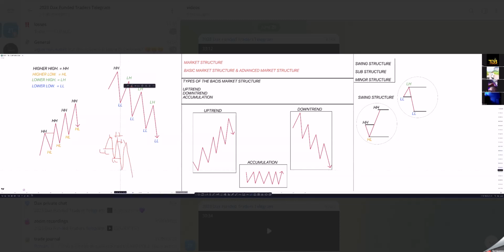Immediately price takes out the previous lower low again, price comes back again into this lower high, then the cycle continues like that until you see price take out the previous higher high. Then you can say, okay, now I expect price to come back into this higher low, that you can now buy again.